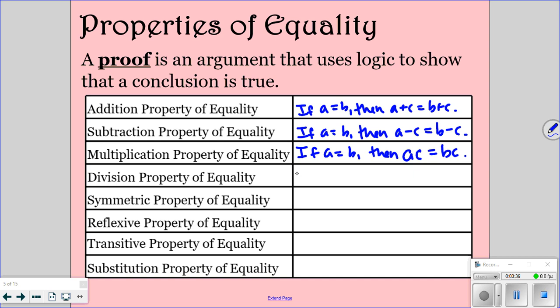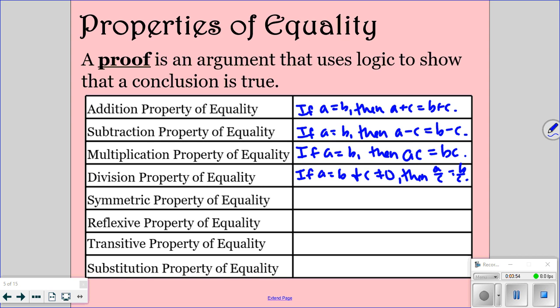The division property, if A equals B, and we have to say that C is not equal to 0, then A over C is going to equal B over C. And that's because you can divide both sides by the same number.